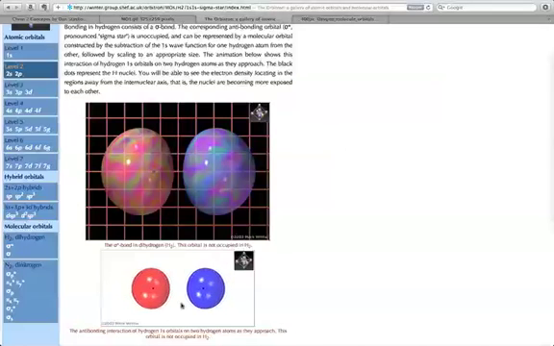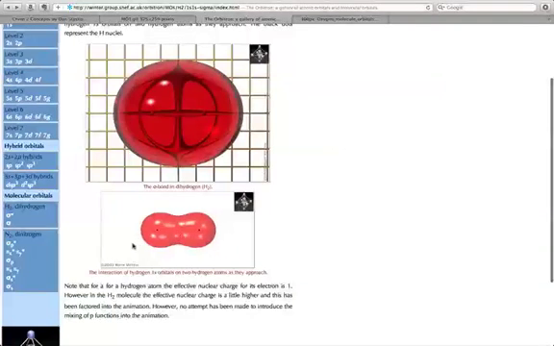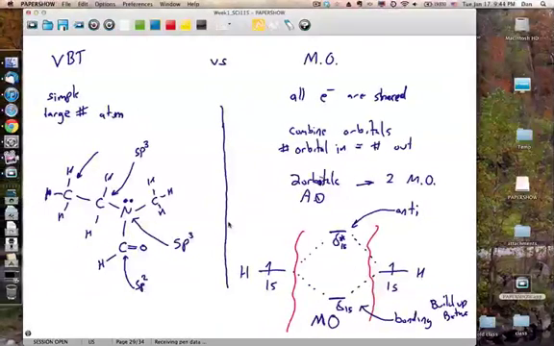And so you have one case where there's a buildup of electron density between the atoms, and that's usually where we have the bonding orbitals. And here we usually have node formation between the atoms.